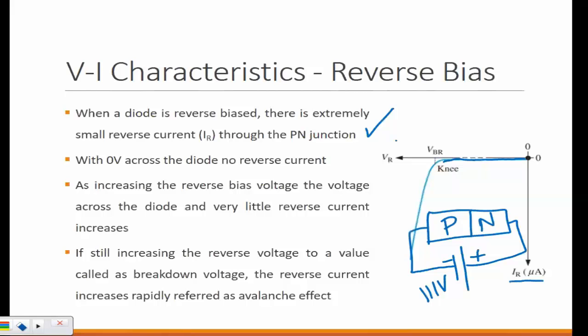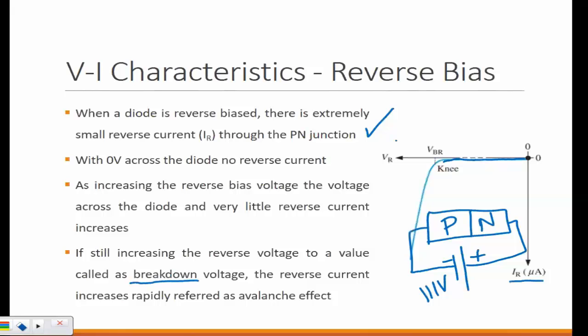But if you keep on increasing this voltage, you're already reverse biasing, correct? If you keep on increasing this voltage, there is always a limit for that barrier to widen. But at some point, the diode will get into a region known as the breakdown region. And you should never operate the diode in the breakdown region.